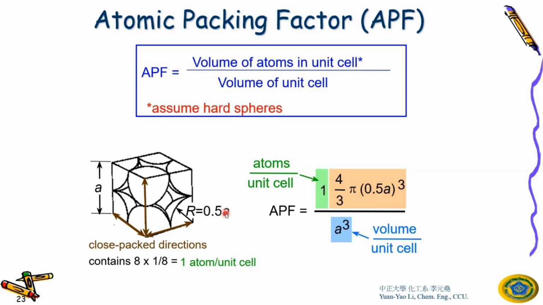R can be replaced with 0.5A. So as a result, this is the volume per atom, and the answer you can get is 0.52. And I'm sure you understand this is a dimensionless quantity because it is volume divided by volume.